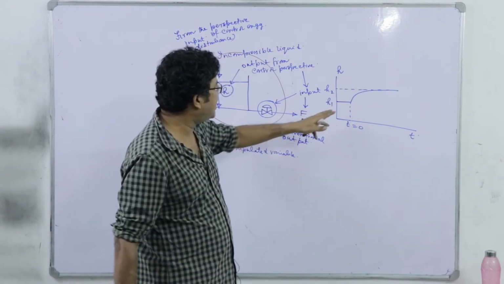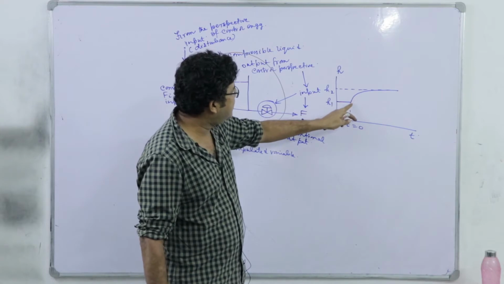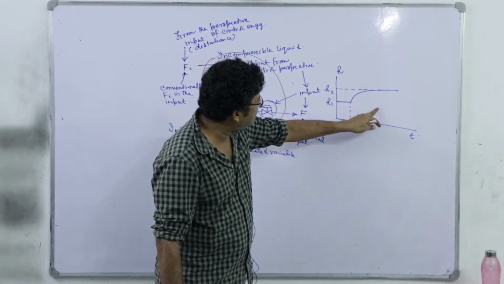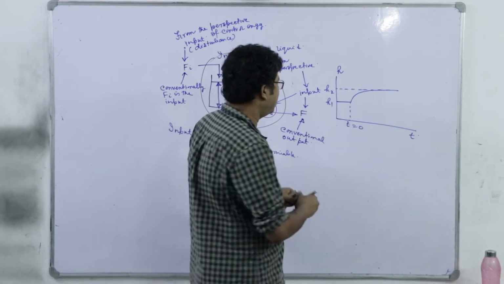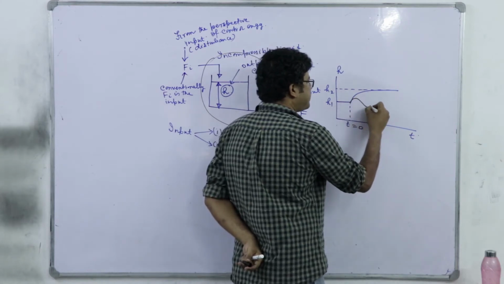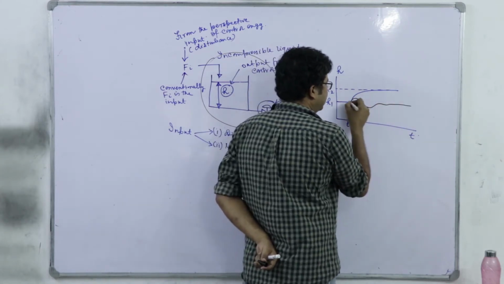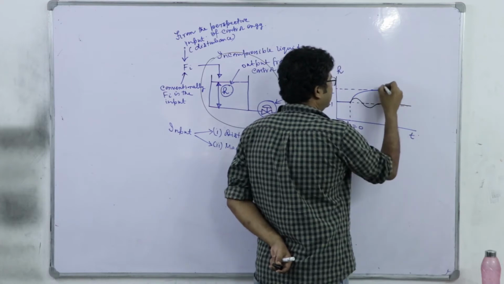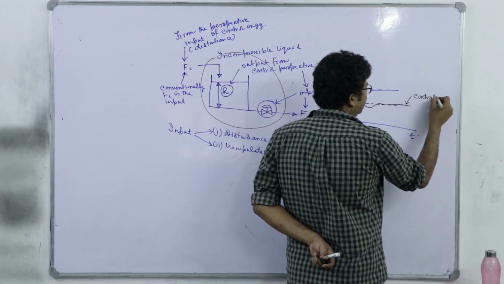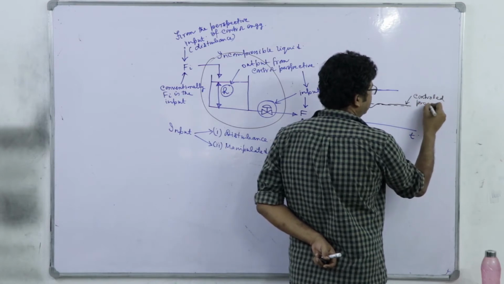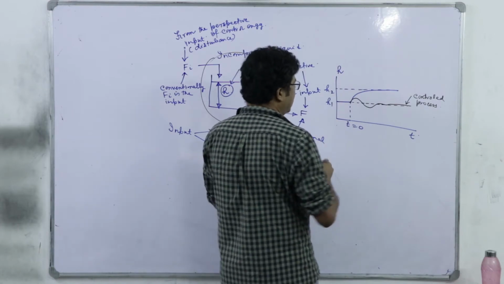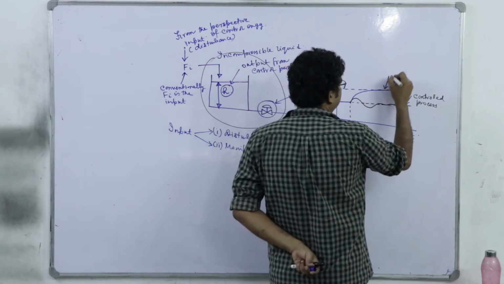We were thinking about the manual control, and the level will increase, and then it may decrease below H1, and finally it will settle down to H1 once again. So it may be like this. So this is a controlled process, whereas the previous one in blue color is an uncontrolled process.